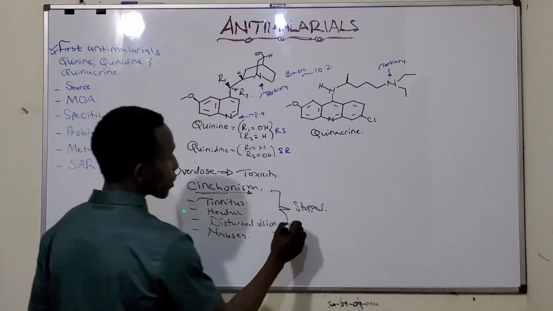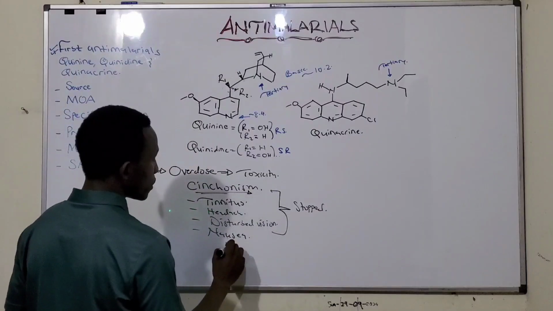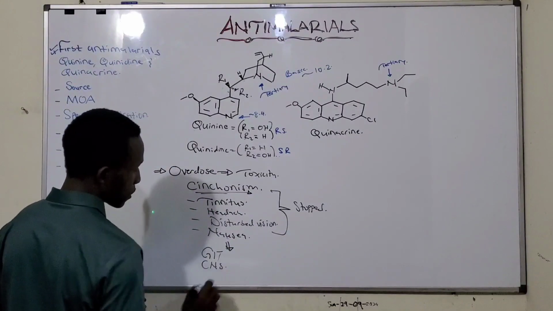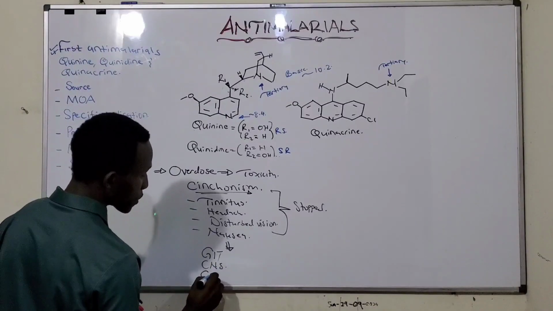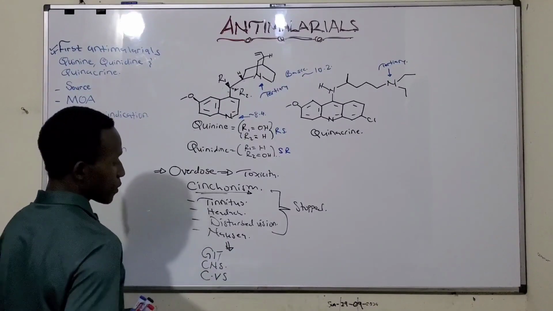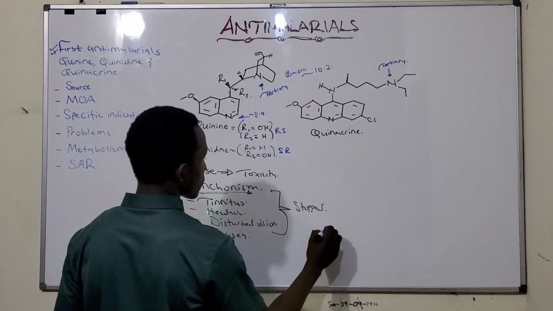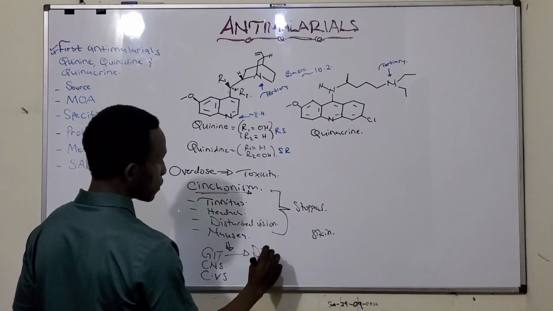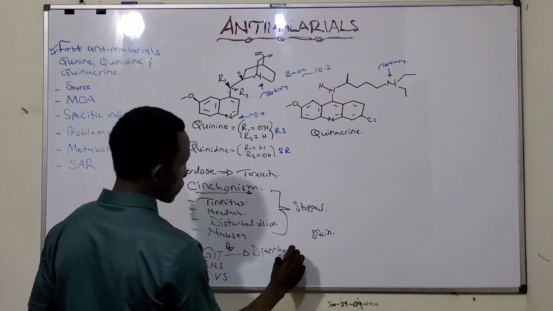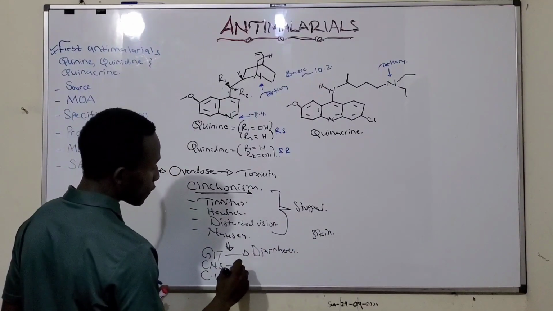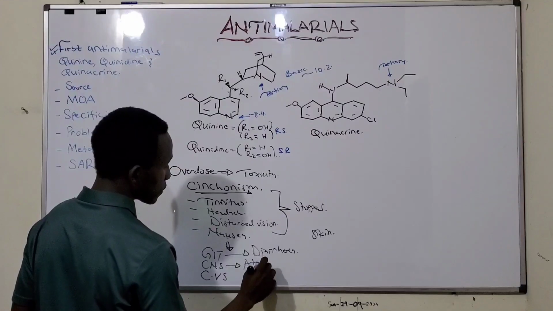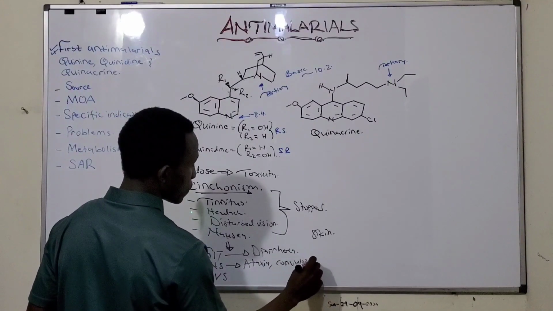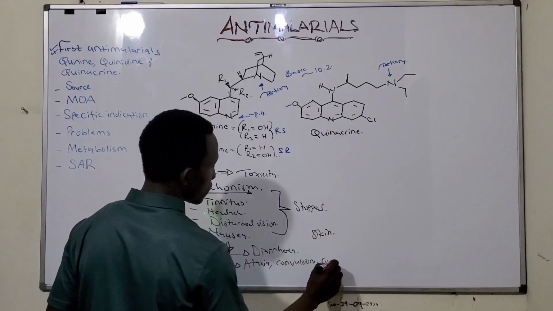If not, this can continue to damage the GIT, the CNS, the cardiovascular system, and also the skin. GIT may have diarrhea. CNS may have ataxia, convulsions, and can lead to coma.